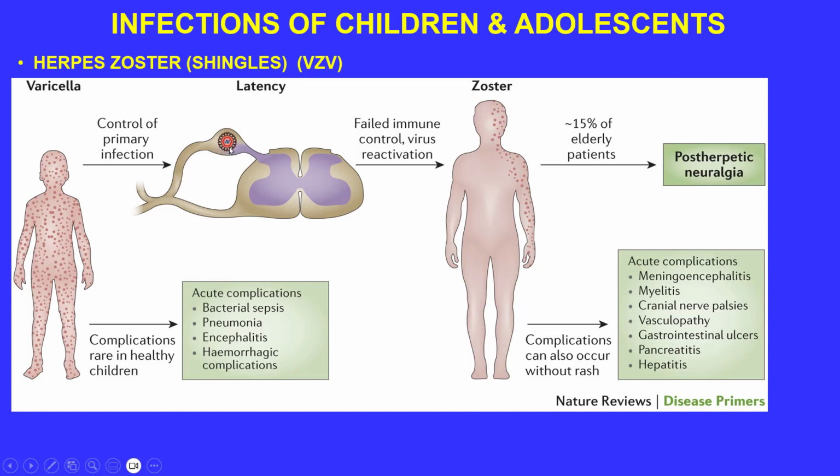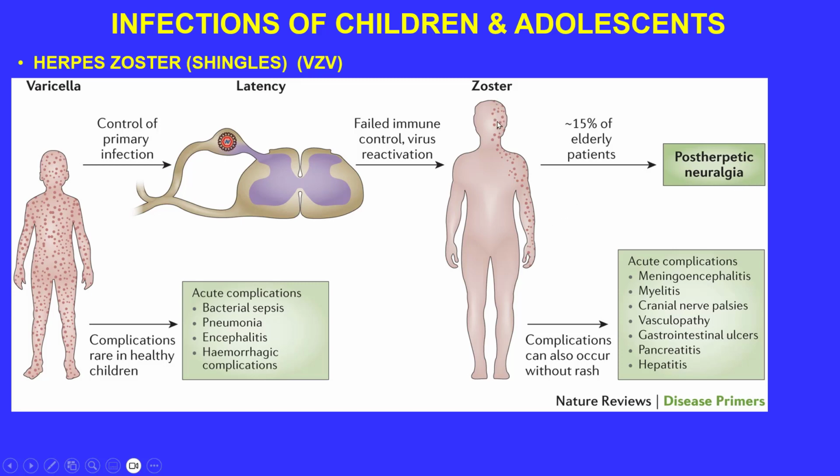It comes up to this dorsal ganglia here, and eventually it passes. It goes into latency. But then somehow we've had a failed immune control, and so the virus reactivates. This is the zoster part, and 15% of the elderly patients have the post-herpetic neuralgia.